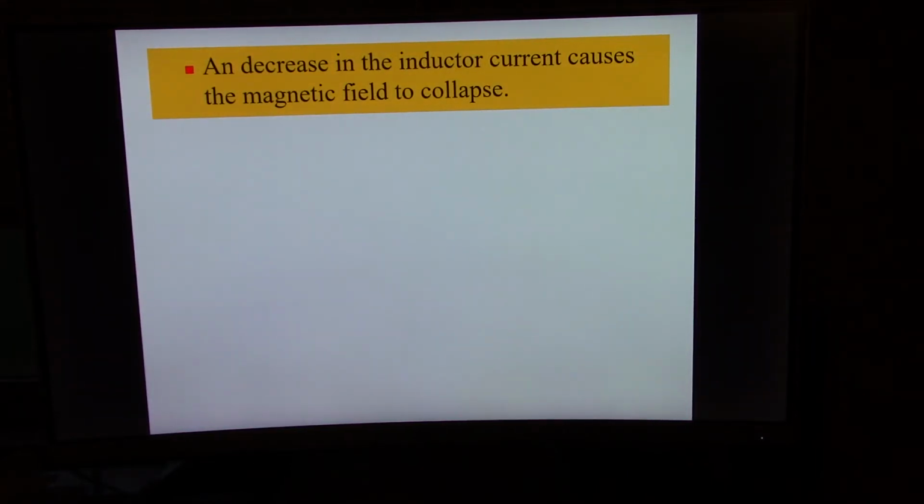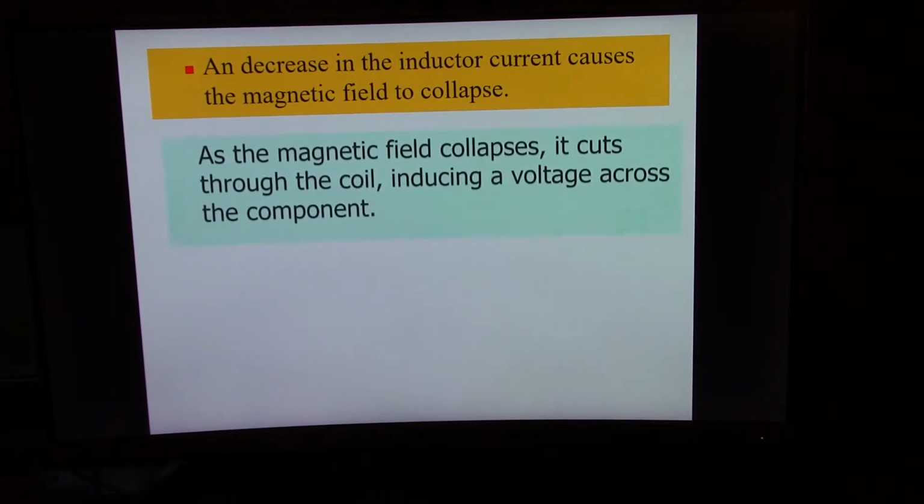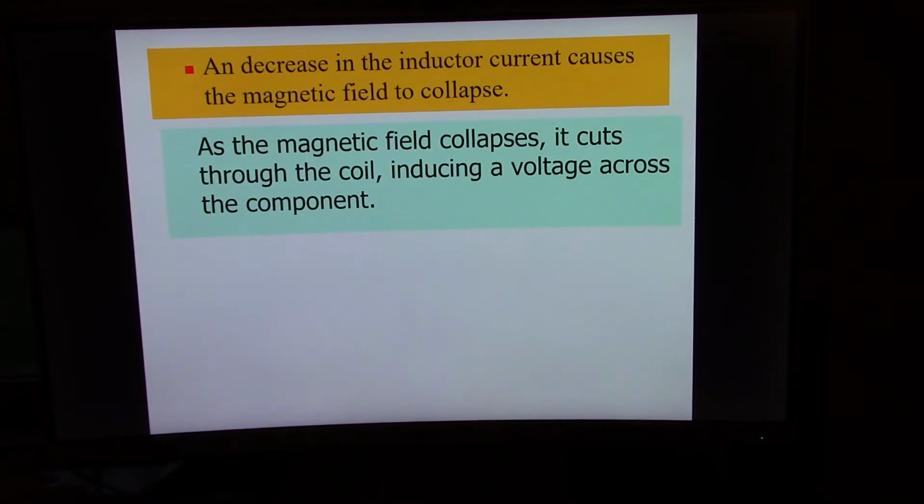And just as when you're increasing the current, you have an increasing magnetic field, when you decrease the current, you have a decrease in the magnetic field, and it will collapse. The magnetic field will collapse onto the inductor. And what that does is, when the magnetic field is collapsing, it will cut through the coil and induce a voltage across the device.